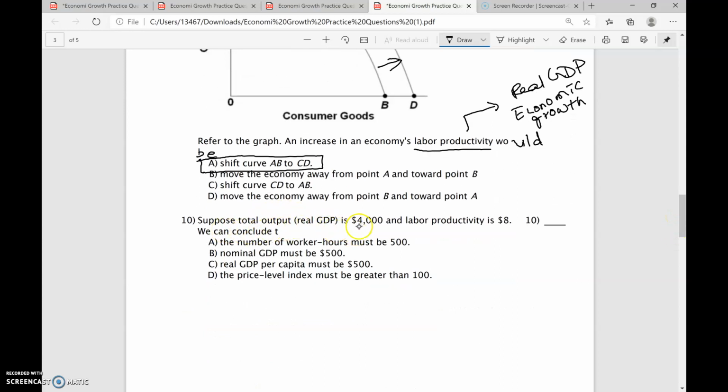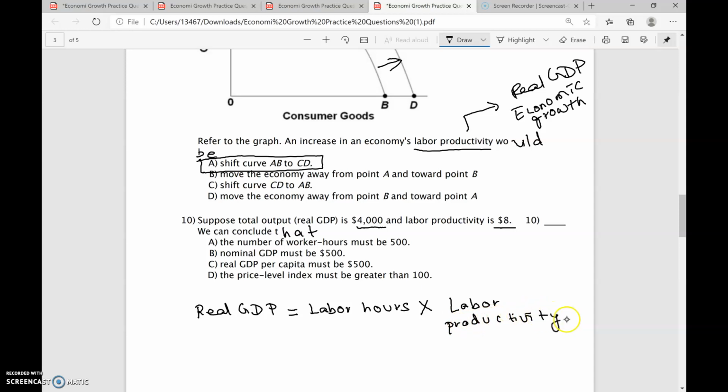Question number 10. Real GDP is 4,000. Labor productivity is equal to 8. And we need to know the labor hours. So writing down the formula here, real GDP is equal to labor hours times labor productivity.